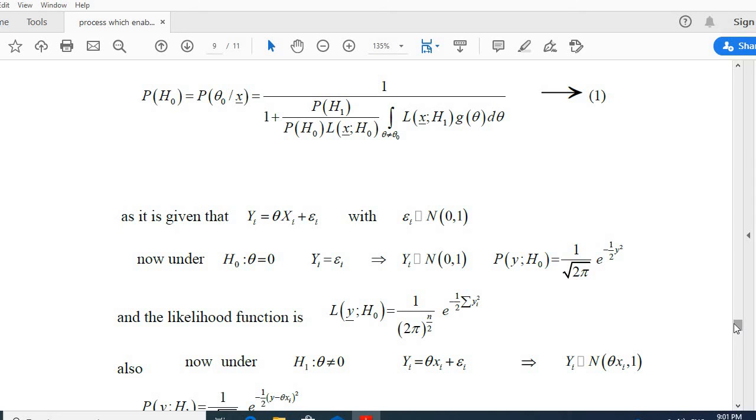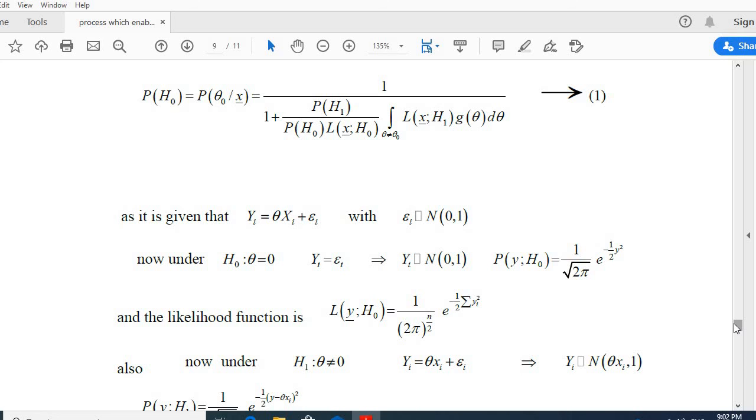Under H0, yi is equal to epsilon i, normally distributed with zero mean and unit variance. P(y|H0) is 1 over root 2π e raised to power minus 1 by 2 y squared, and the likelihood function is 1 over (2π) raised to power n by 2 e raised to power minus 1 by 2 sum of yi squared.